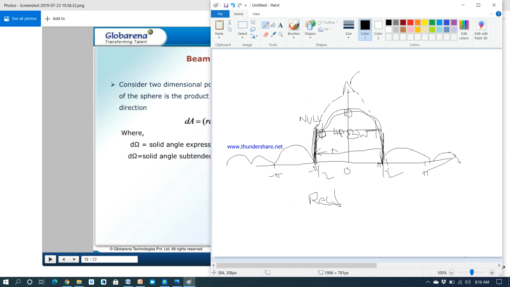Here the dotted lines are my expectation, but this is the practical antenna that radiates its energy. So this dotted line is my expectation. Suppose you assume this is an ideal isotropic antenna's radiation, this is a practical one. We have to compare this practical with the isotropic antenna.